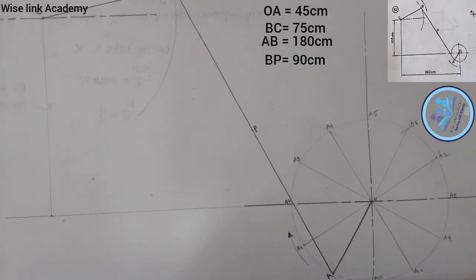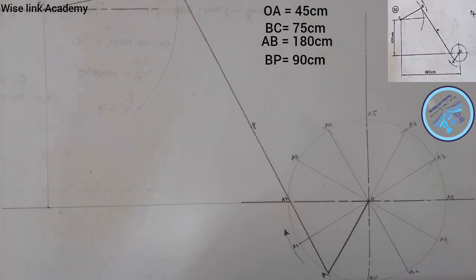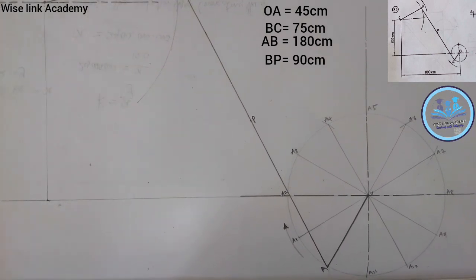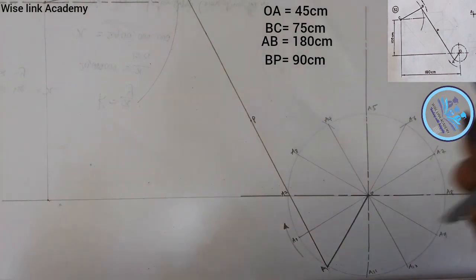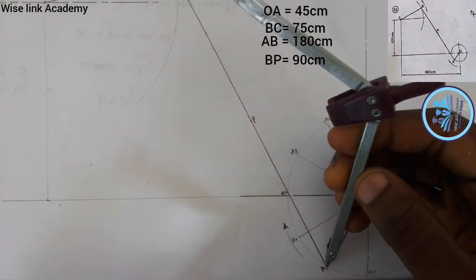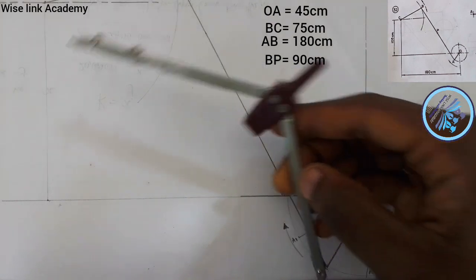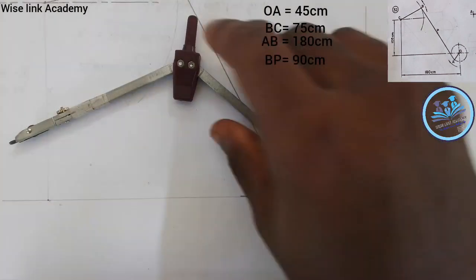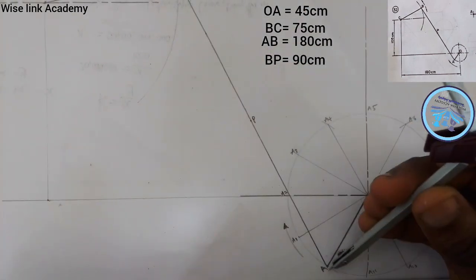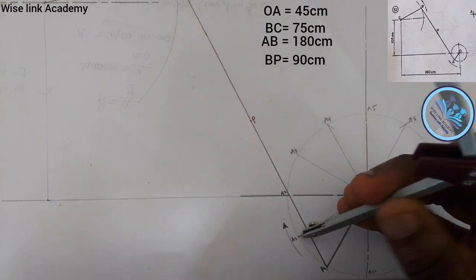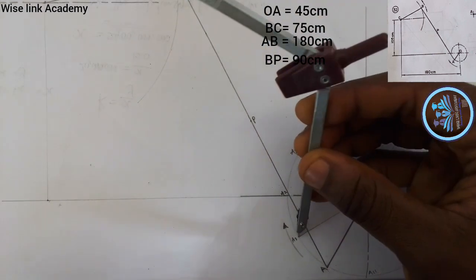Next up, we want to draw the locus of point P. How do we go about that? With the same radius of 180 that we did earlier, it places at point A1. As you can see, my point A1.